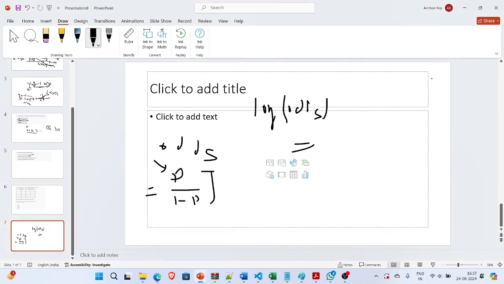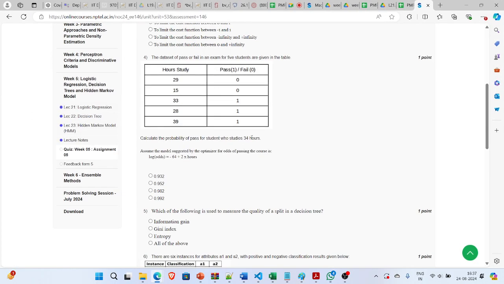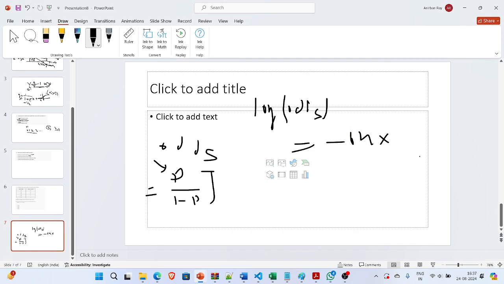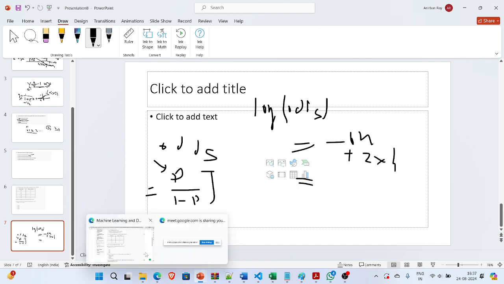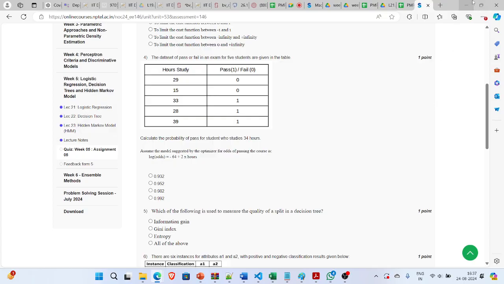So we are given minus 64 into 2 hours. Now what we'll do is take hour as 34, as given in the problem.